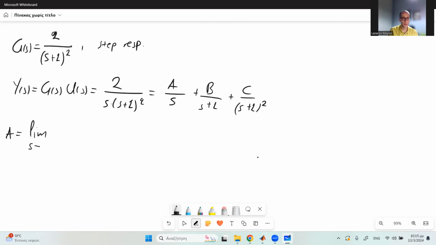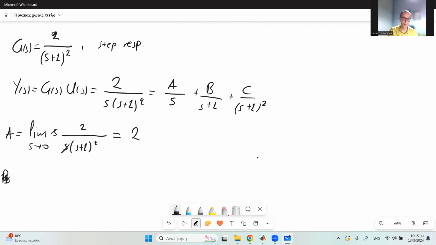So s goes to 0 for alpha. I'm going to use this exact fraction multiplied by s. This gets removed, and this becomes 2, right? Cool. So then we can have beta.